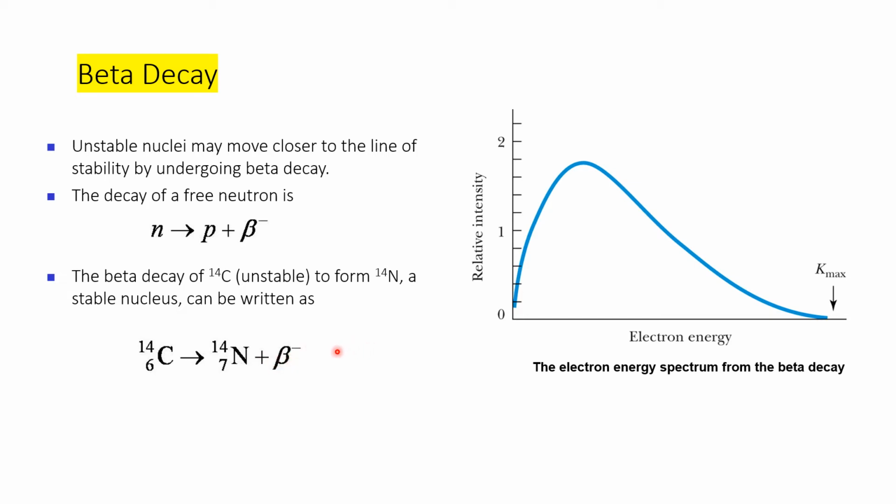And this decay produces 2 products, just like your alpha decay, and we expect to measure a monoenergetic electron spectrum. However, as you can see here in the figure, the electron energy spectrum from the beta decay of carbon-14 shows a continuous energy spectrum up to some maximum energy. And this experimental result was actually a major puzzle for many years.